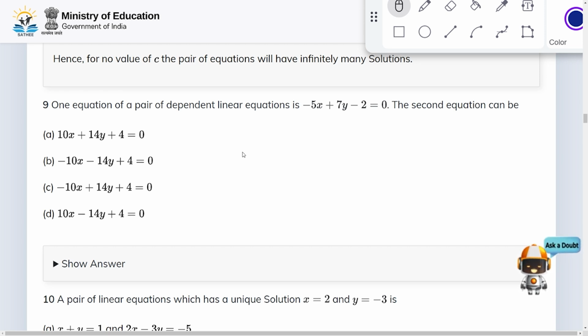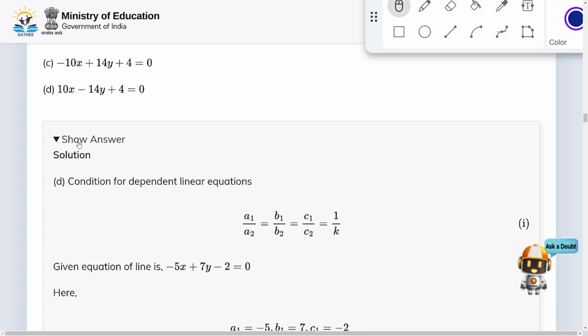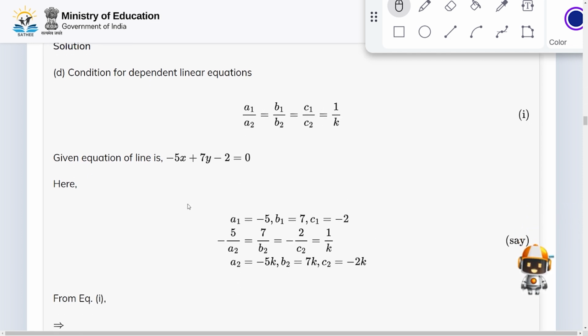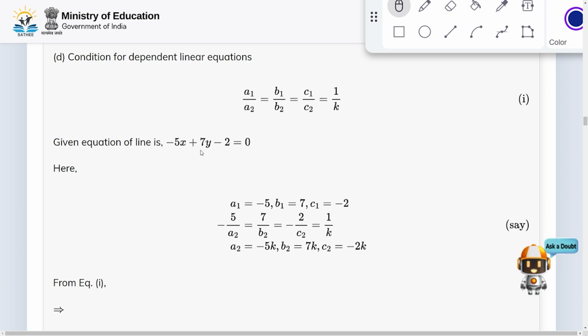So we know the condition for dependent linear equations, that is a1 by a2 is equal to b1 by b2, and this is equal to c1 by c2. Given equation of line is minus 5x plus 7y minus 2 is equal to 0.